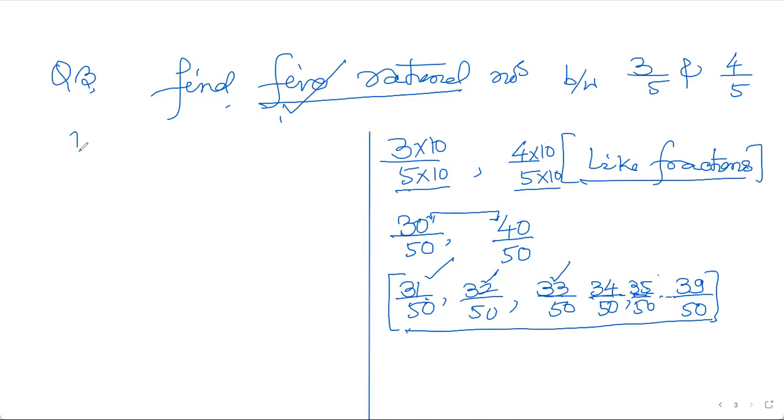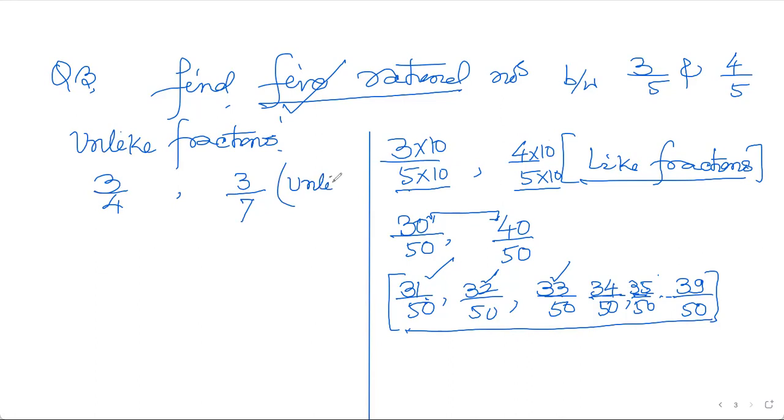If they are unlike fractions, unlike fractions having different denominators, suppose this is 3 by 4 and then say 3 by 7. So these are unlike fractions because they have different denominators.